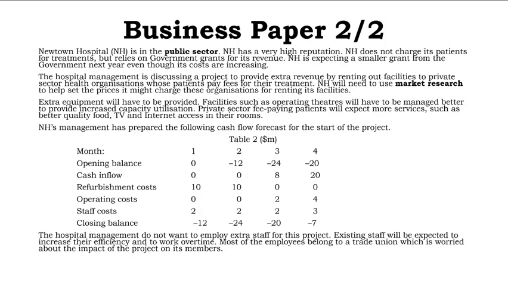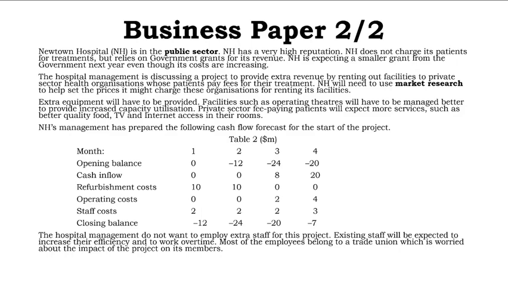According to this, there are certain bold terms for which we are supposed to give the definitions. Then they are talking about the hospital management, which is looking forward towards renting out some facilities to the private sector. It means they want to go for both public sector patients and private sector patients, so they want to improve their facilities.